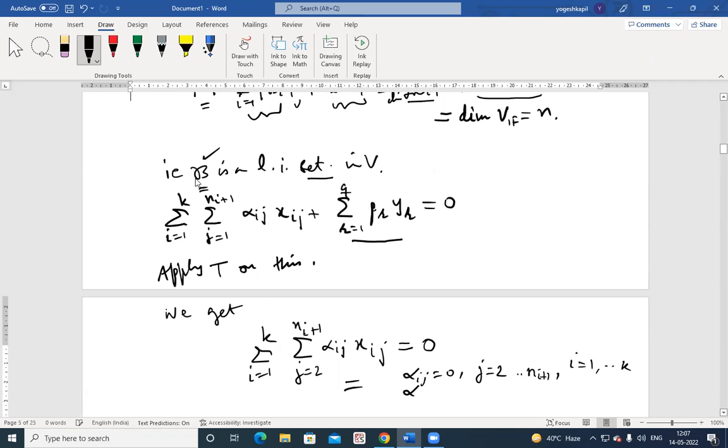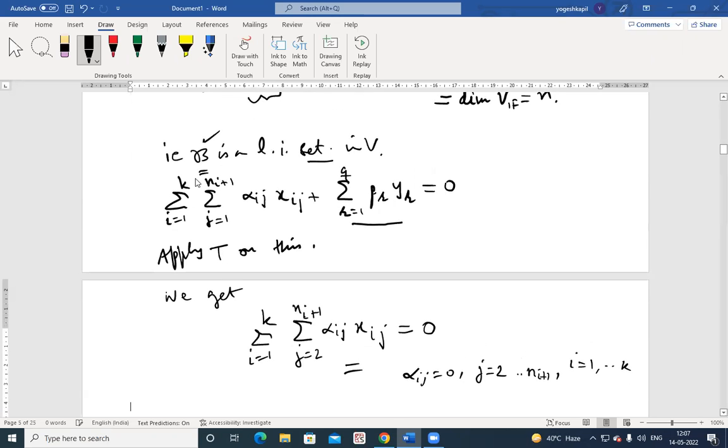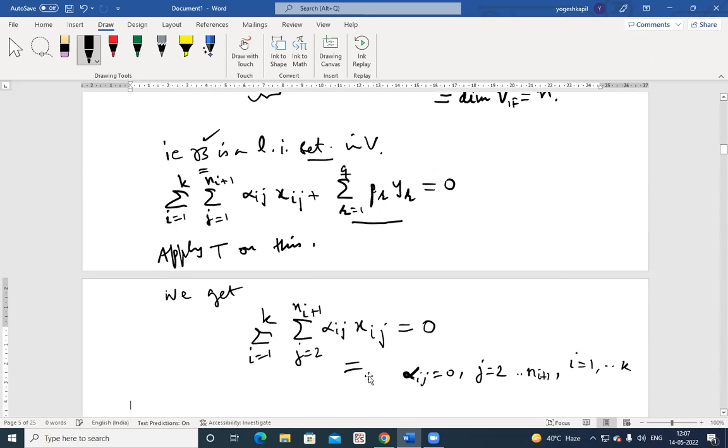Sir, will this be xij minus 1? Alpha ij xij minus 1.